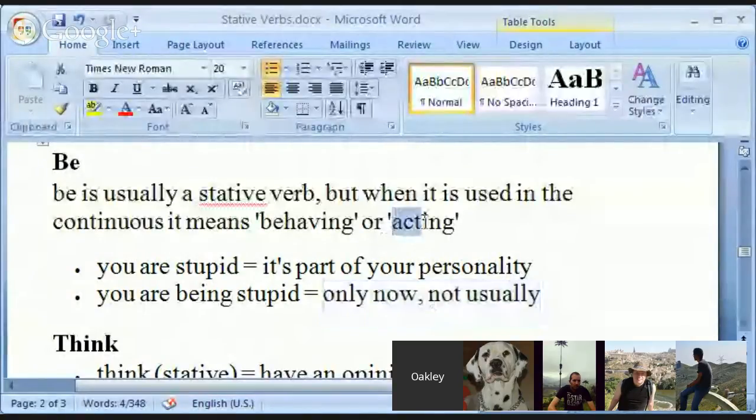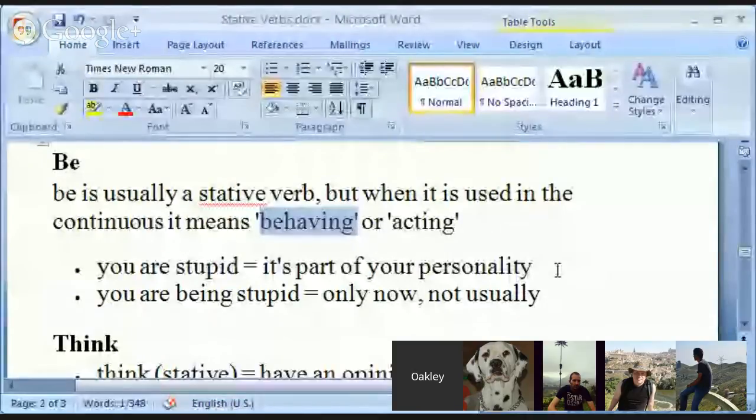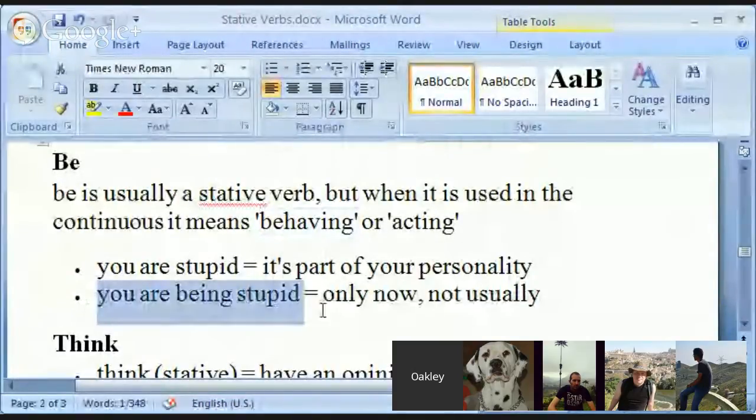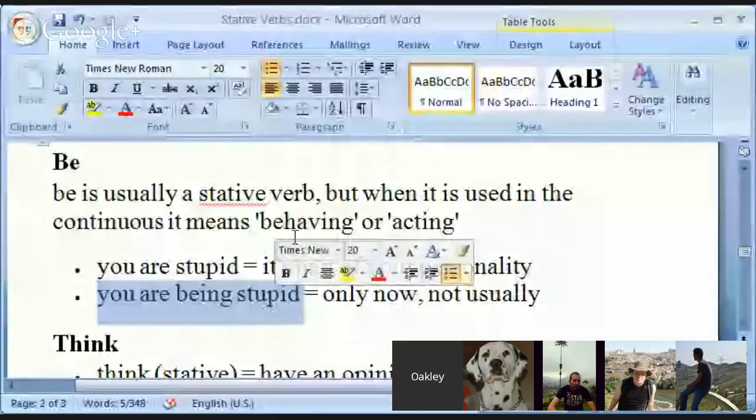We could say you are acting stupid, or you are behaving stupidly, which would have the same meaning as this second phrase, you are being stupid. And obviously we can use it in a continuous tense when we are using the word to mean this, behaving or acting.